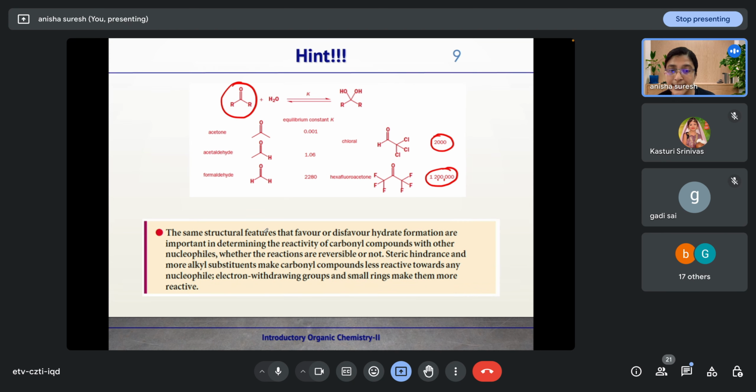So the same structural features that favor or disfavor hydrate formation are important in determining the reactivity of carbonyl compounds with other nucleophiles, whether the reactions are reversible or not.